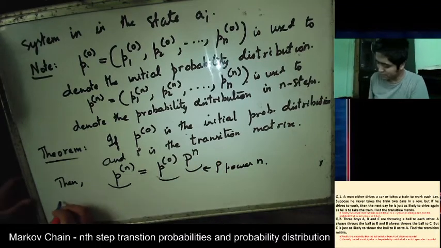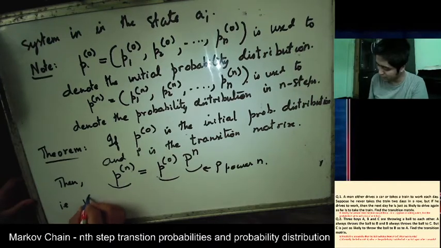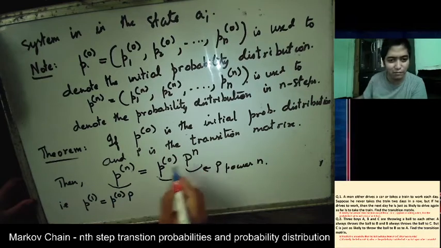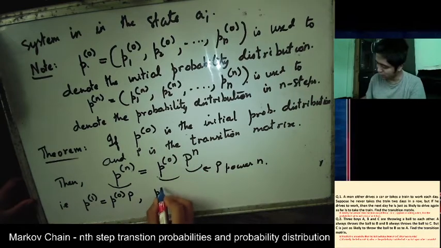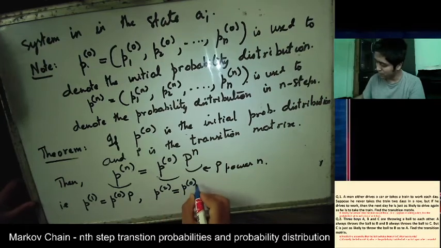For example, if we are calculating p1, it will be p naught times p power 1, which is p. What about p2? p2 will be p naught times p squared.